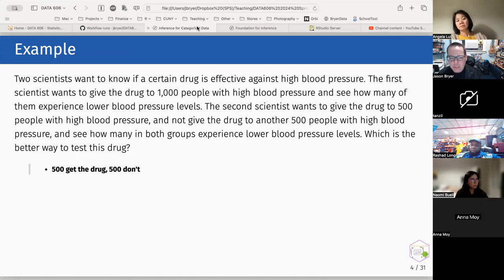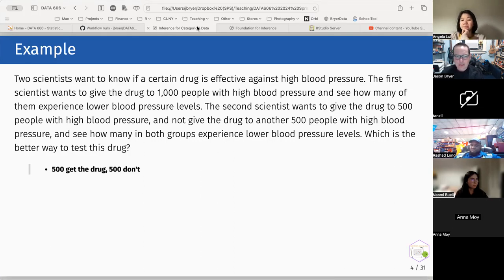The scenario given to respondents was that two scientists want to test a high blood pressure drug. One scientist suggests giving the drug to 1,000 people with high blood pressure and seeing how many experience lower blood pressure. The second scientist wants to give the drug to 500 people with high blood pressure and not to another 500 people with high blood pressure, and then see the difference at the end. So which is the best way to evaluate this drug?